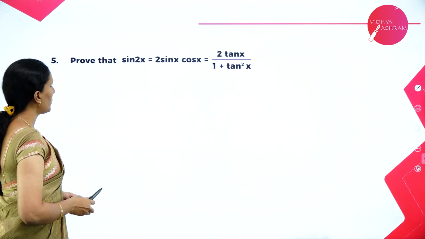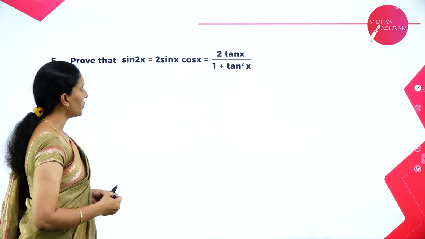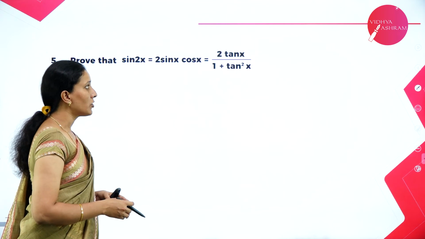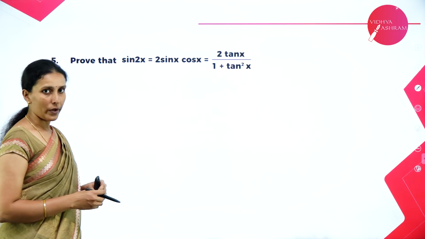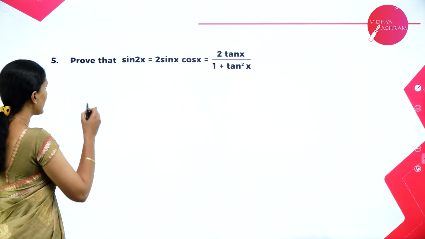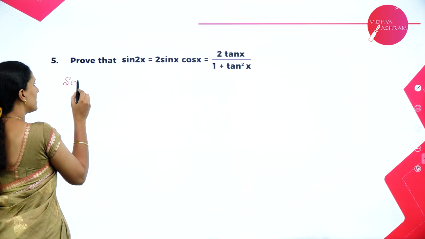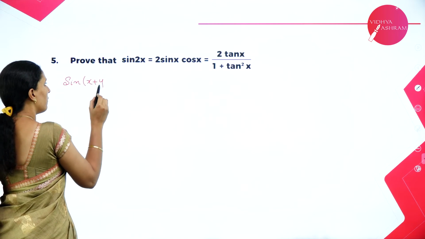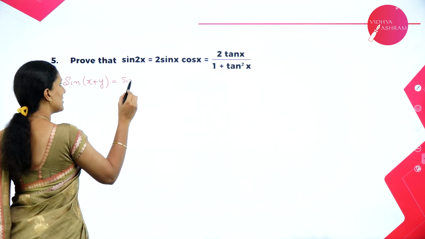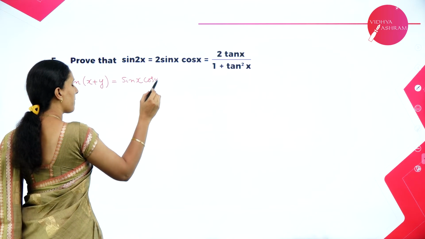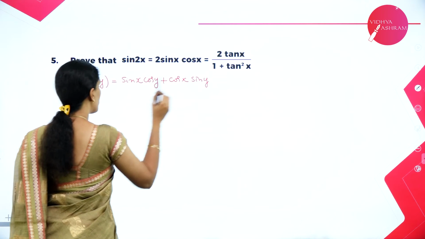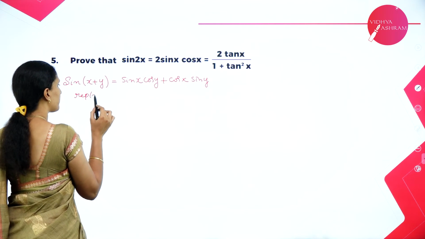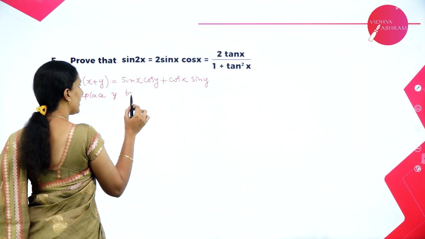Next, prove that sine 2x is equal to 2 sin x cos x, which is also equal to 2 tan x divided by 1 plus tan square x. When I say sine 2x, I can use the formula of sin x plus y. We know that sin x plus y is sin x cos y plus cos x sin y. Here also replace y by x.